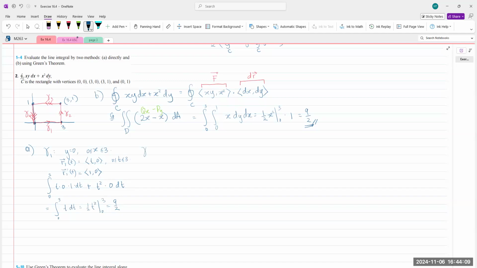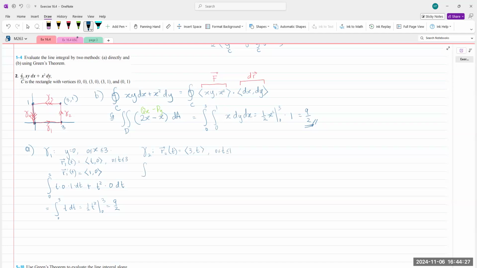Now let's see gamma 2. If I parameterize that as r2 of t, the x is already 3, but the y goes from 0 to 1 linearly. So r2 prime of t is (0, 1).